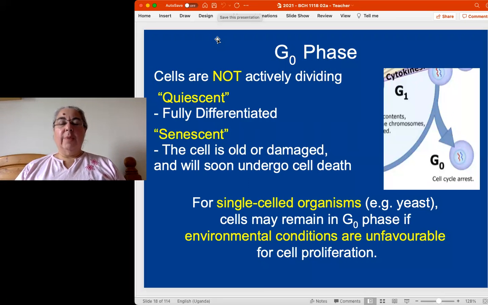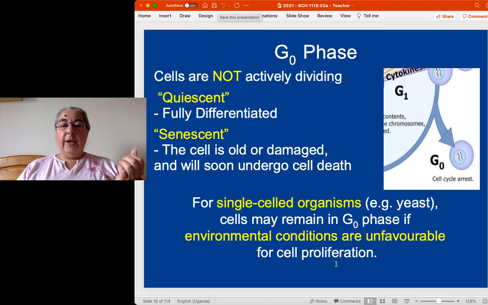So yes, yeast cells can stay in G0 phase, just quietly resting while their environment is not good, while their environment doesn't allow the cell numbers to increase. That's what cell proliferation means, the numbers increasing. So the cells can just rest there in G0.